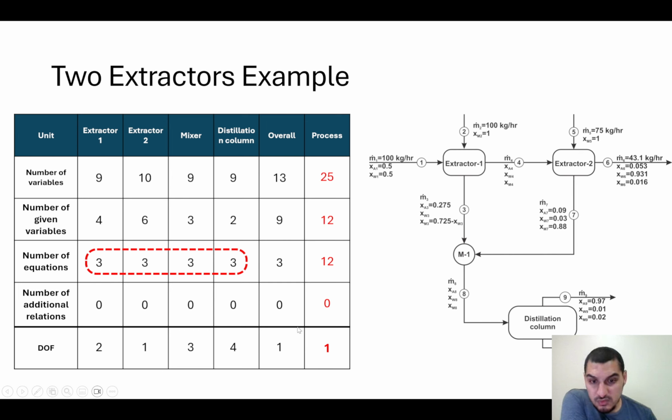So again, from here we can know that we need to assume something, and we knew when we did the solution that the distillation column is where we need to assume information in stream 9 or stream 10, because this is something that we can find from here.